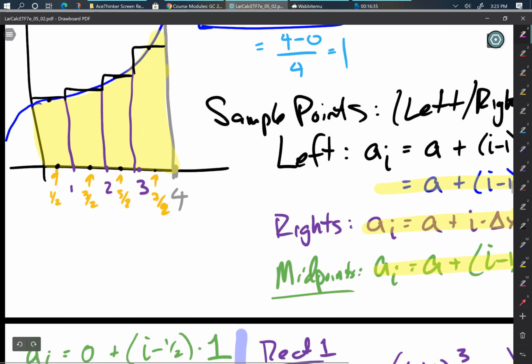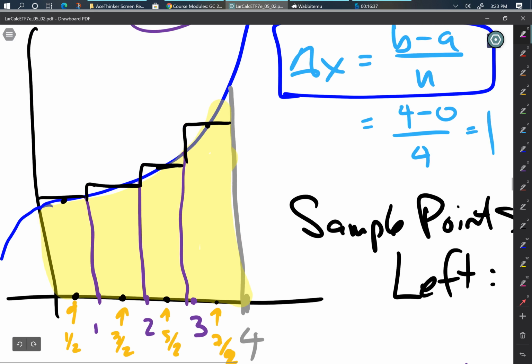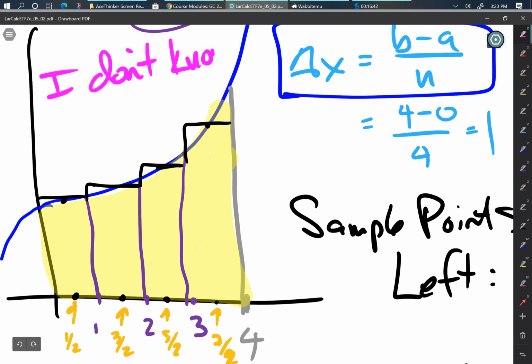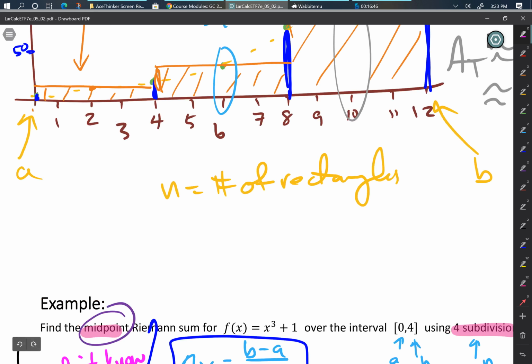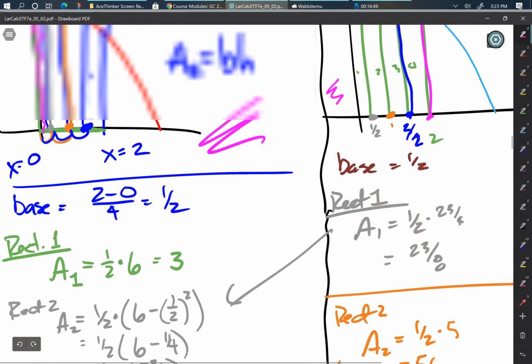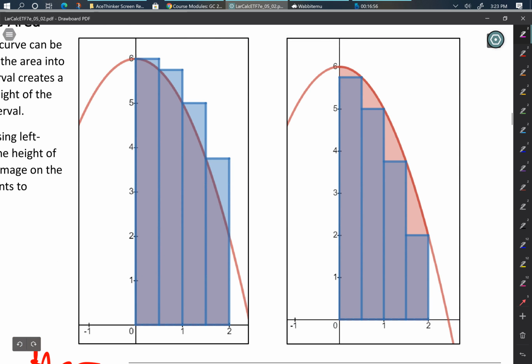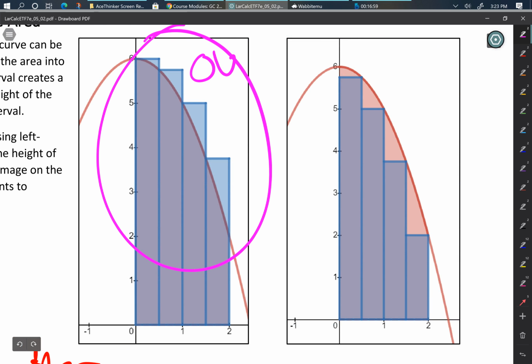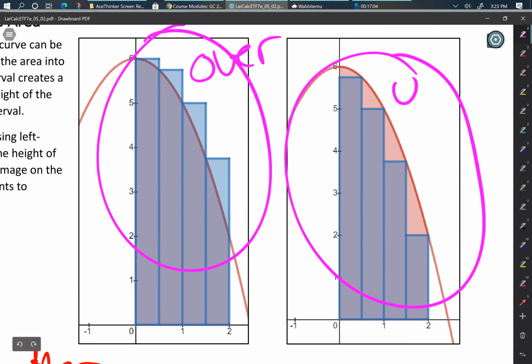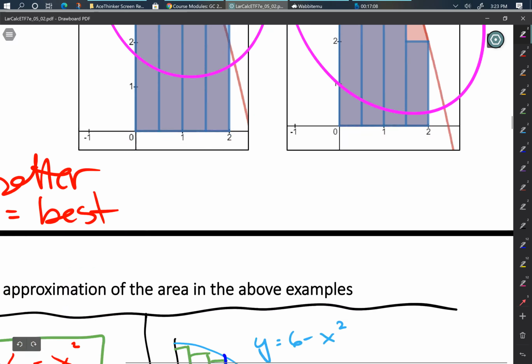So is this an underestimate or an overestimate? Well, to be fair, I don't know, right? In the other examples we've done, it was very easy to make an argument that this was an overestimate because all of the rectangles are too big, and that this was an underestimate because all of the rectangles are too small.